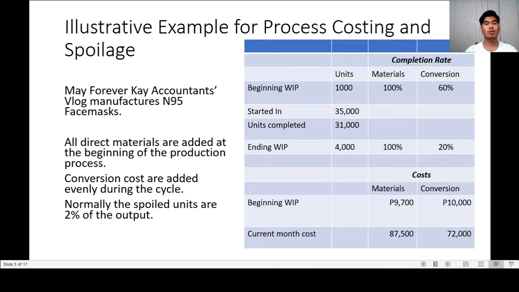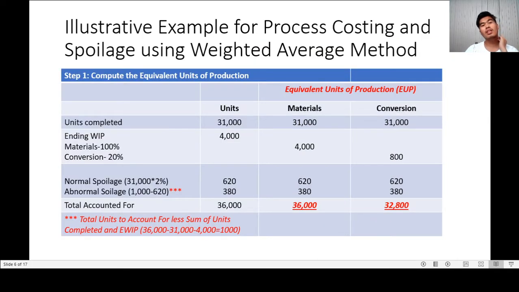Let's look, i-account muna natin yung physical units. Compute natin yung equivalent units of production using weighted average method. So by the way, meron tayong dalawang methods, weighted average method and FIFO method.